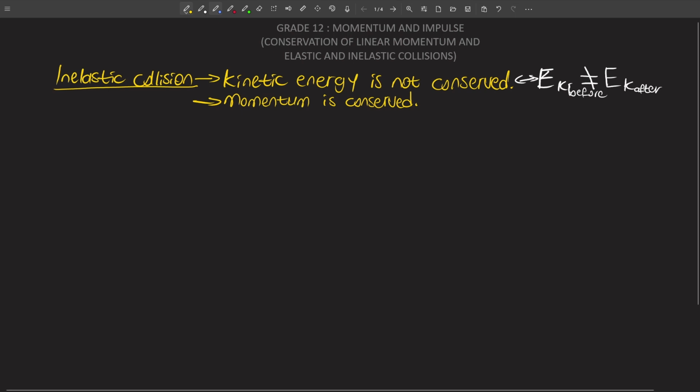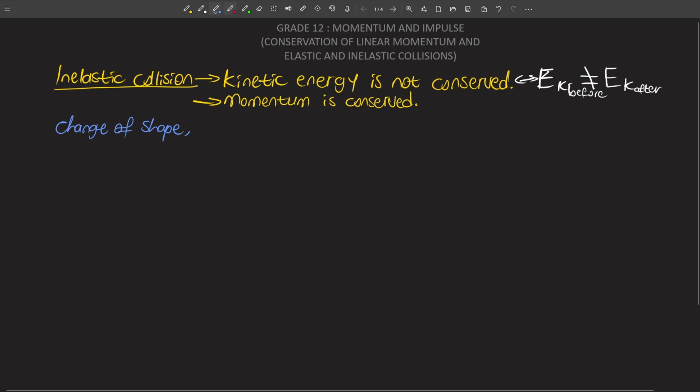But let's look at other traits which make an inelastic collision. One trait is a change of shape after collision. Let's say two cars collide and they both change shape due to the collision.